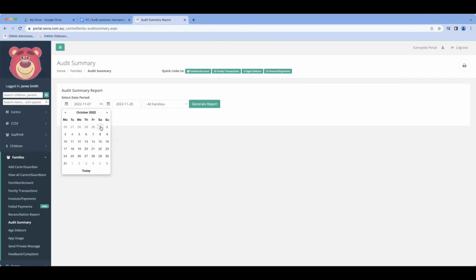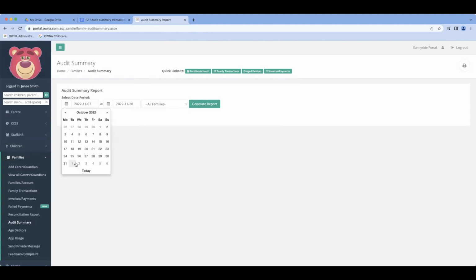Now keep in mind, if you have debits. So if you are a service that debits on, say, a Friday, and in this particular month the 28th is a Friday, payments do take up to 3 days to process. So if I was debiting my accounts on this Friday here, and it's working days, those payments won't clear, and so they won't hit your account until the next month.